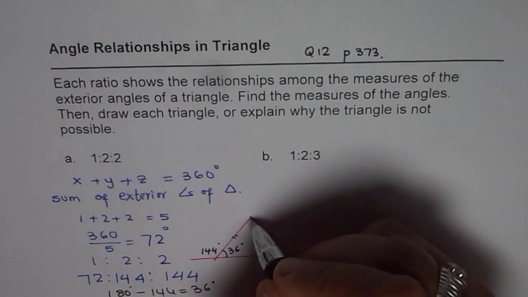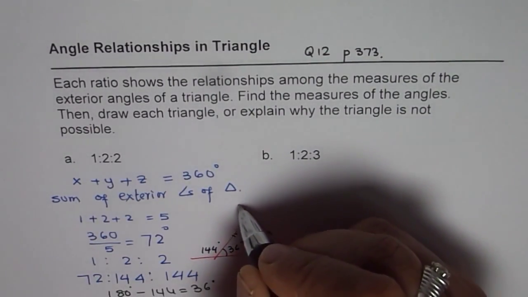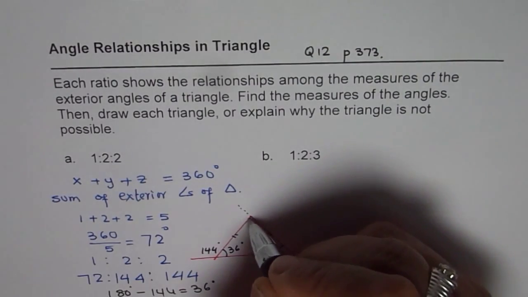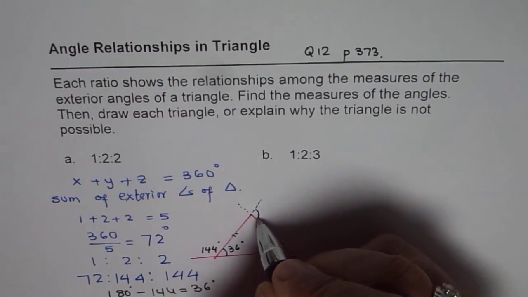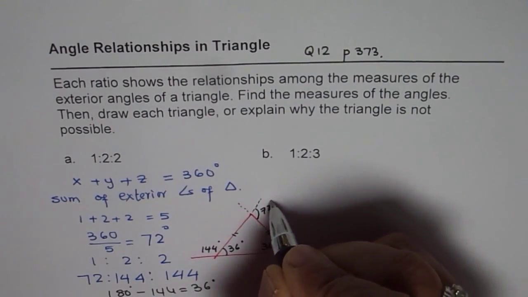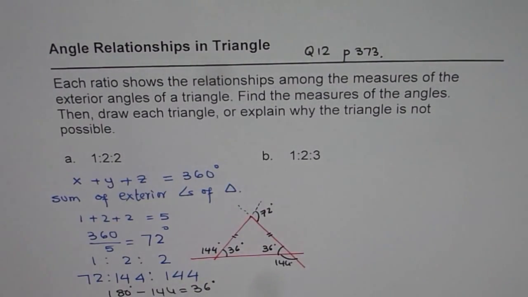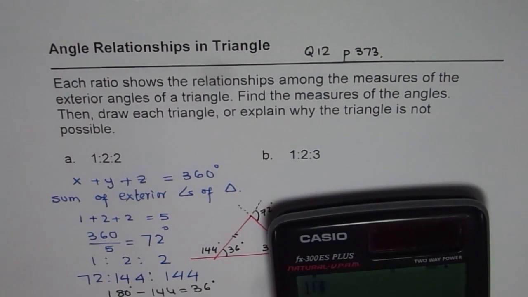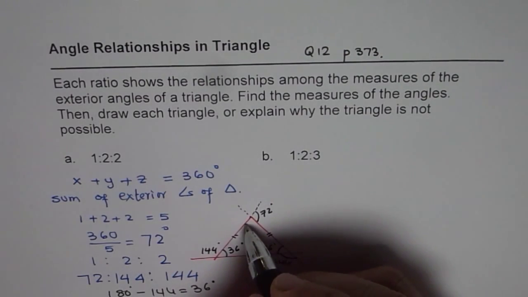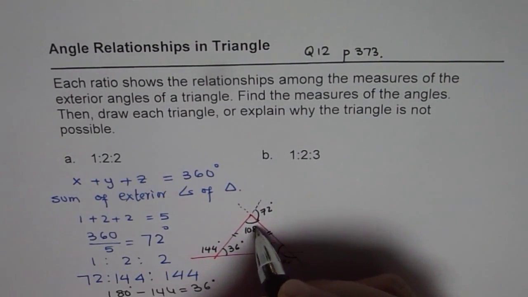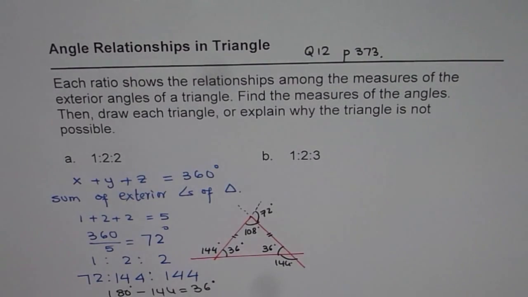And now we have the third angle, which is 72 degrees, right? So this angle is 72 degrees, and the interior angle will be 180 minus 72. Let's use the calculator. That gives us 108 degrees. So you can make accurately a triangle with these angles to satisfy the condition, right?